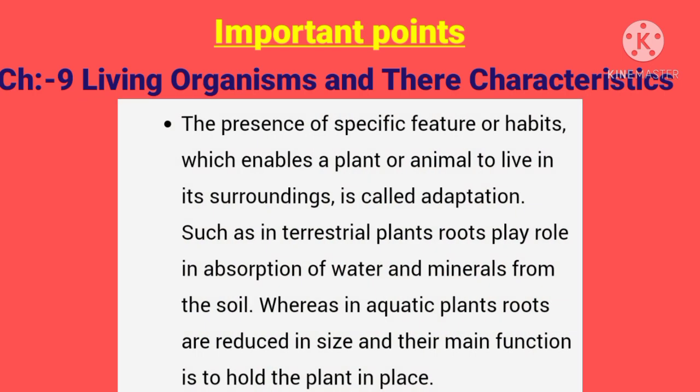Now the next point is the presence of a specific feature or habit which enables a plant or animal to live in its surrounding is called adaptation. Such as in terrestrial plants, roots play a role in absorption of water and minerals from the soil, whereas in aquatic plants, roots are reduced in size and their main function is to hold the plant in place.